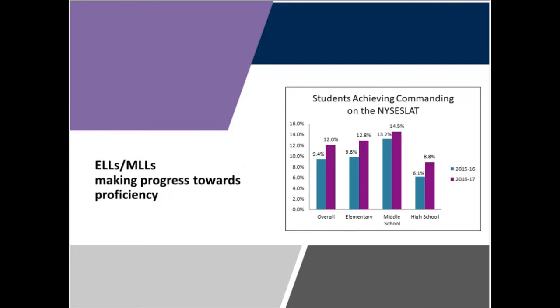In addition, we are very excited because as our multilingual learners exit EL status, they become former ELs, and we see that our former ELs are outperforming our non-EL students in ELA. For example, 45.2% of our former ELs are achieving ELA proficiency versus 42.6% of our non-ELs.